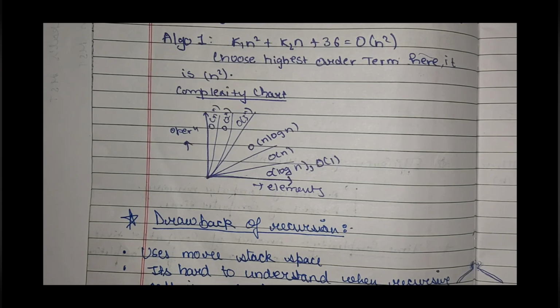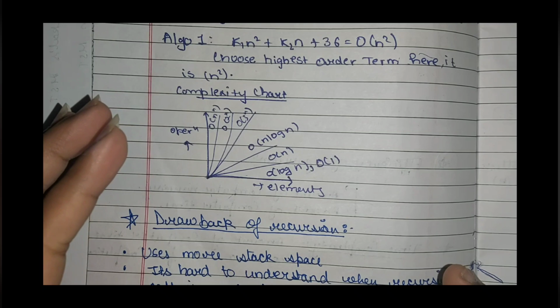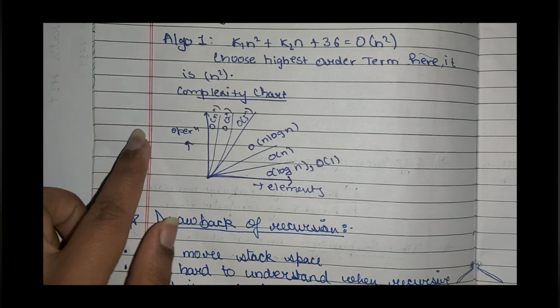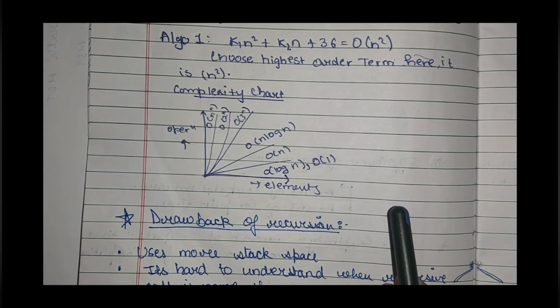Before understanding the types of recurrence relation solving methods, it is very important to first understand complexity. A chart of time complexity is given.